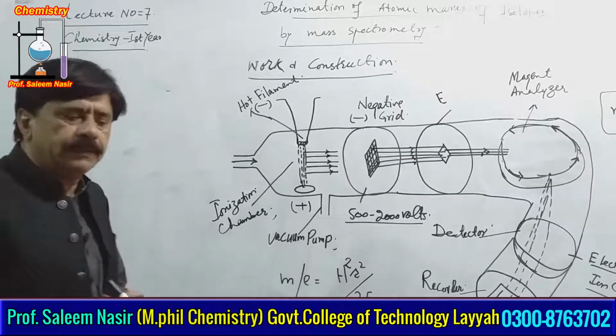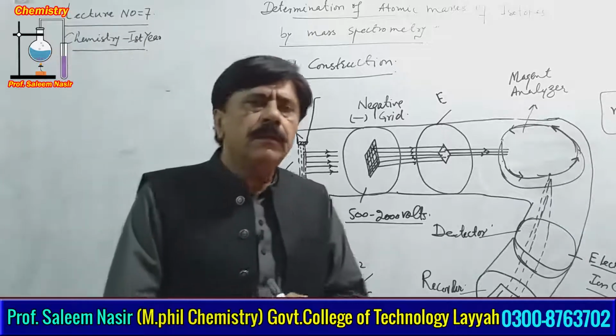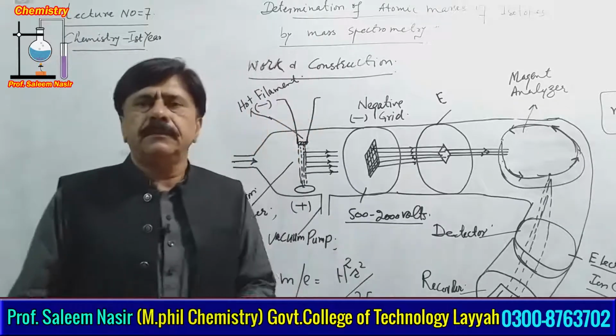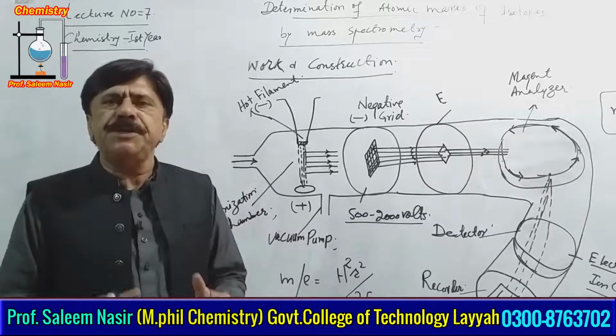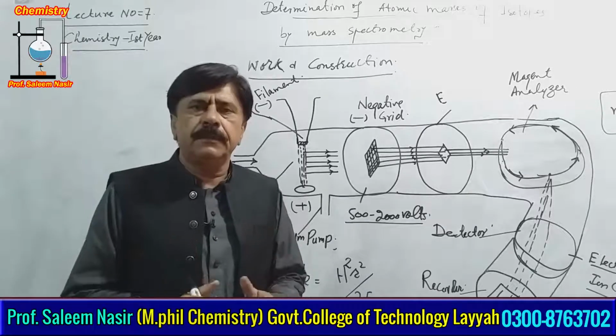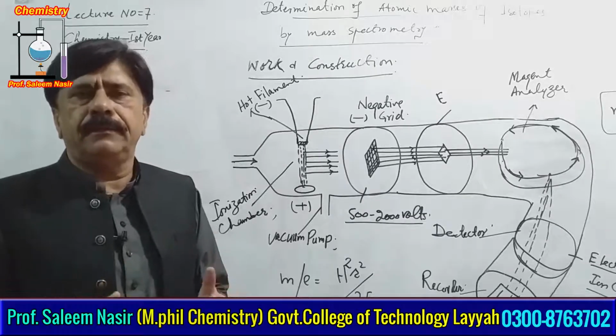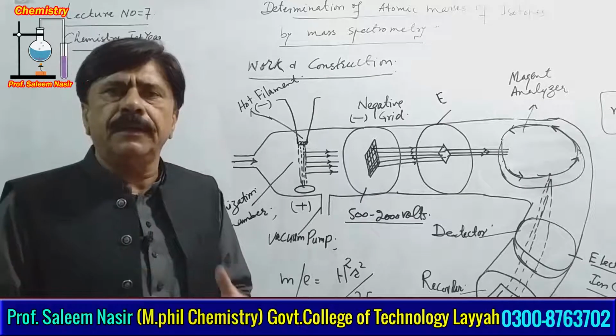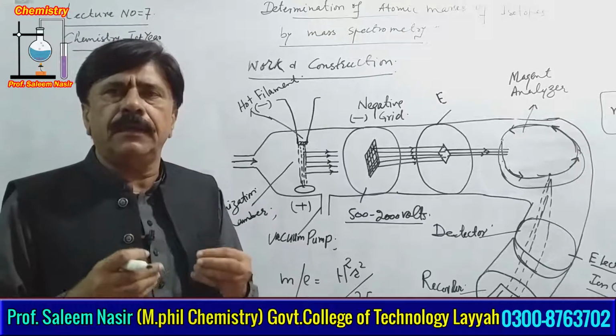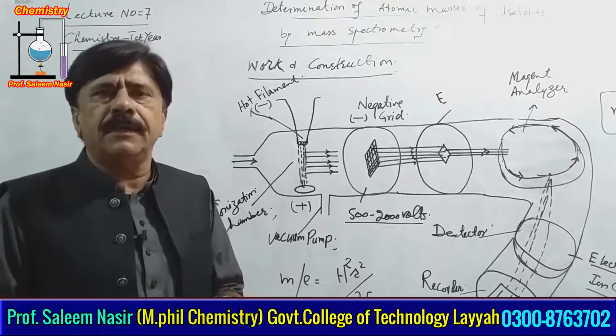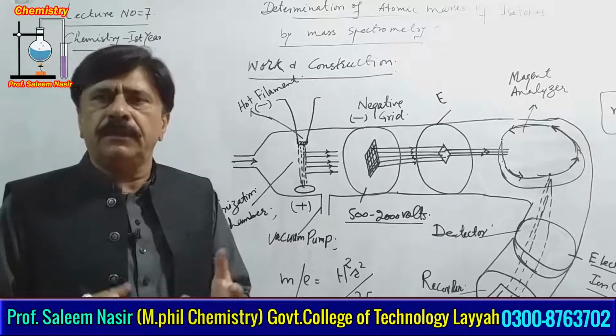As the positive ions fall on the electrometer in groups, the electrometer produces an electric current. The intensity of the current measures the relative abundance of the isotope.